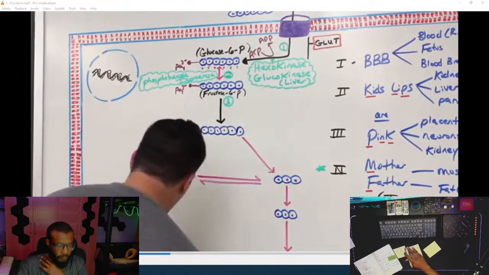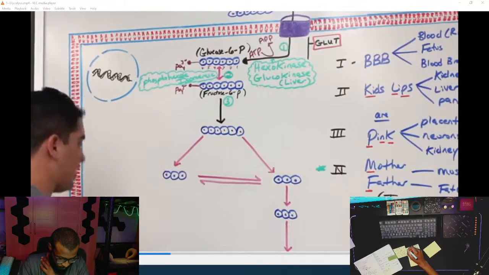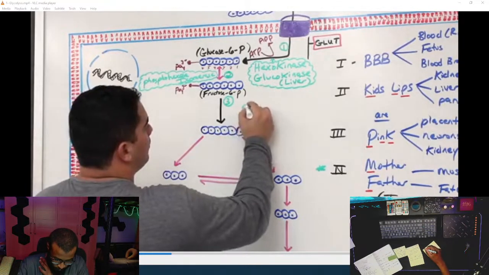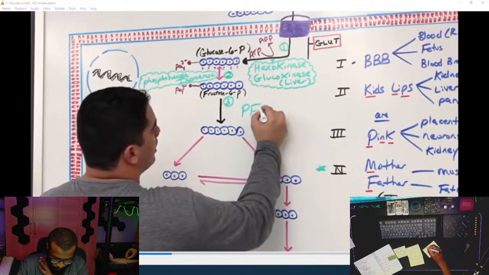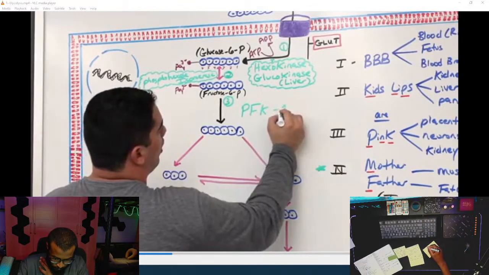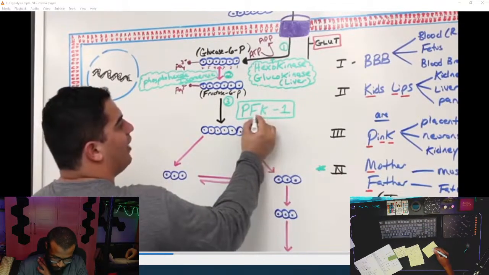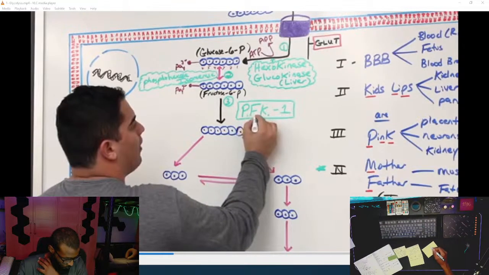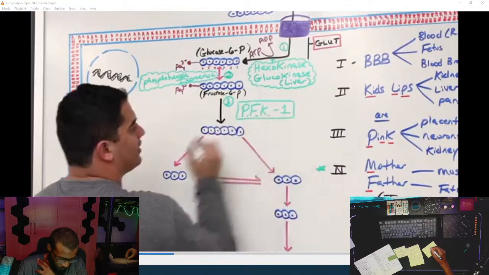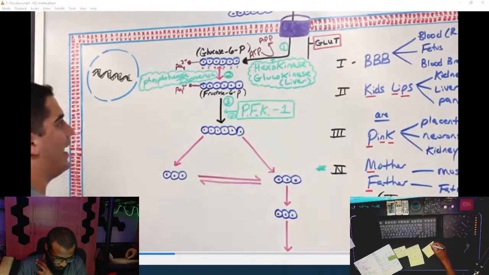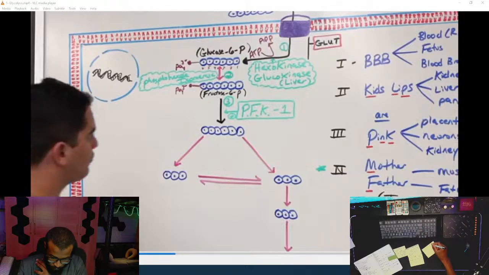Okay, so the enzyme involved in this step is going to be that of phosphofructokinase 1. And like I said, I'm just going to abbreviate that PFK, which stands for phosphofructokinase type 1. It's involved in this step here. Okay, exactly how is it involved?